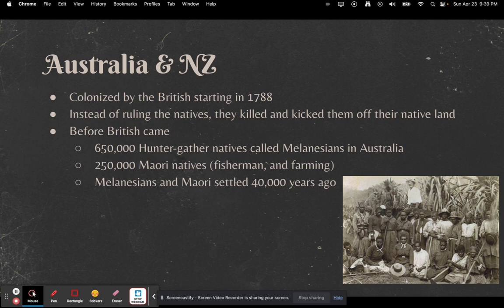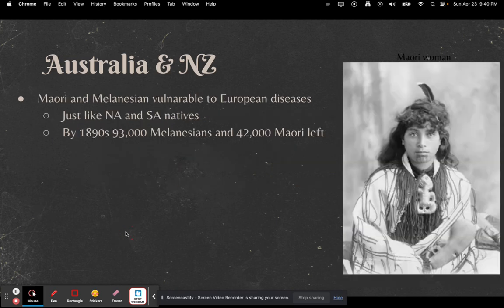Before the British came, there were approximately 650,000 hunter-gatherer natives called the Melanesians in Australia and 250,000 Maori natives who were fishermen and people who farmed in New Zealand. The Melanesians and Maori settled in Australia and New Zealand about 40,000 years ago, so way before the British.